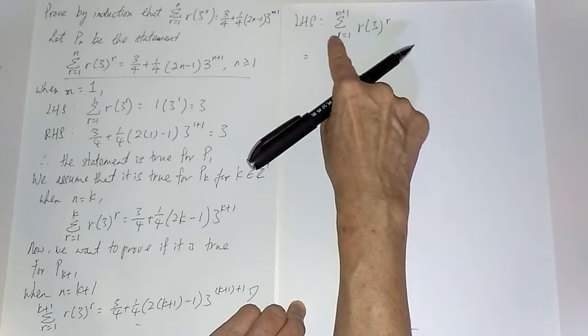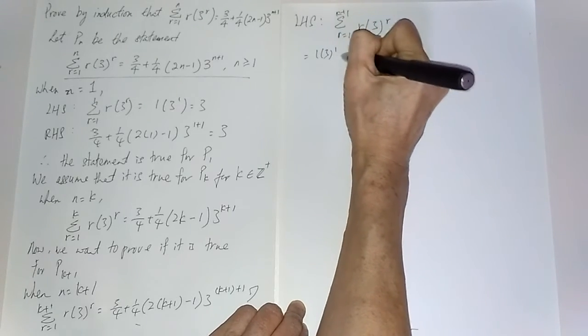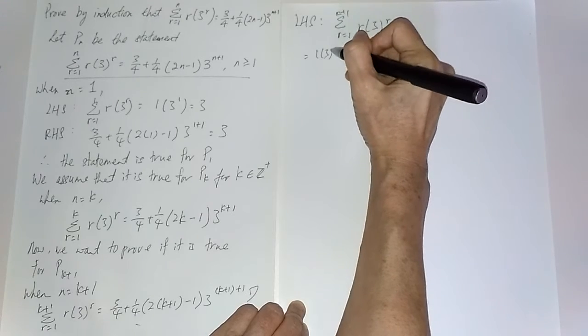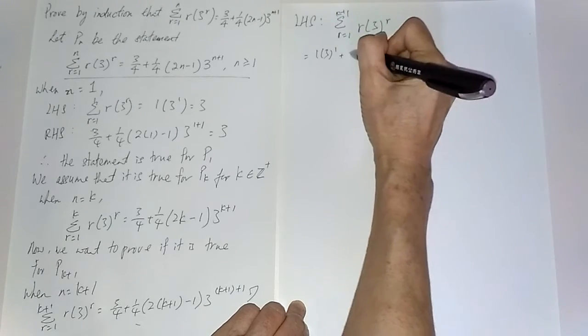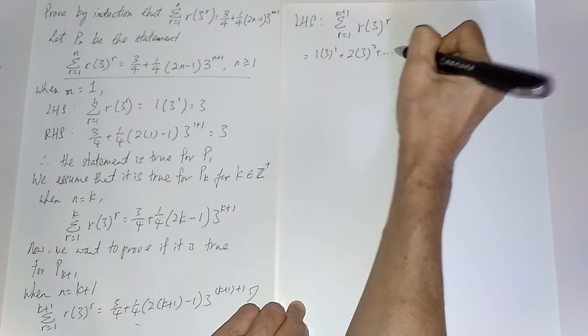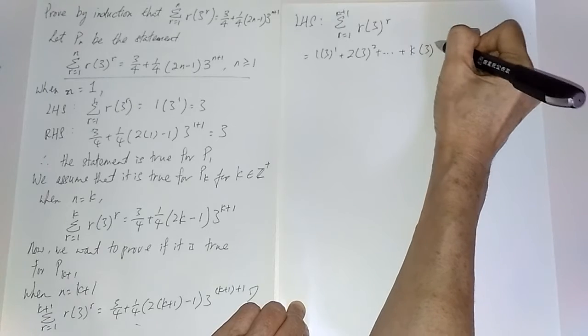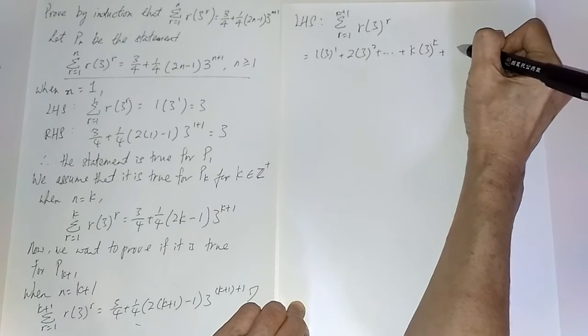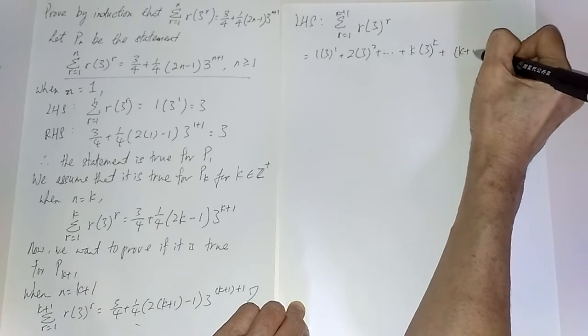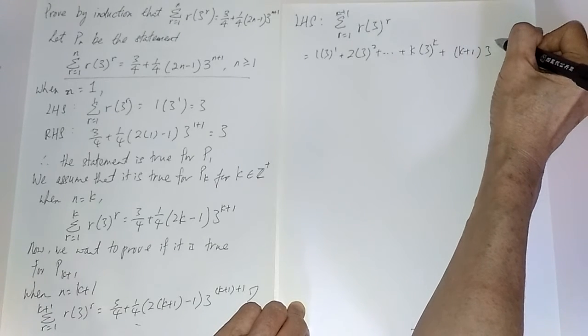If we expand the summation, this will be 1 times 3 to the power 1, 2 times 3 to the power 2, and all the way to k times 3 to the power k, plus (k+1) times 3 to the power k+1.